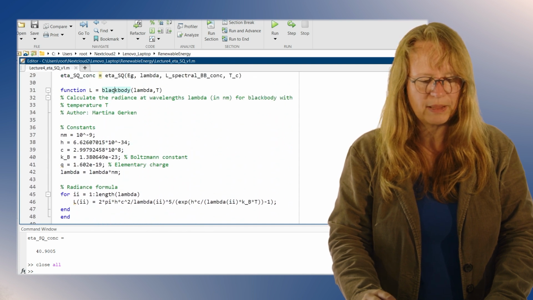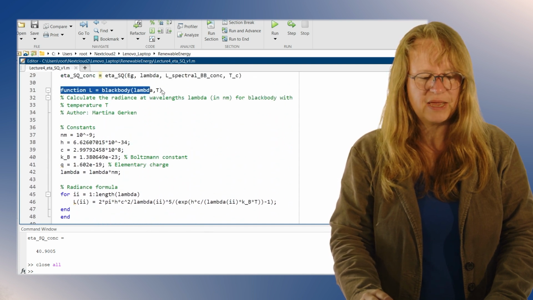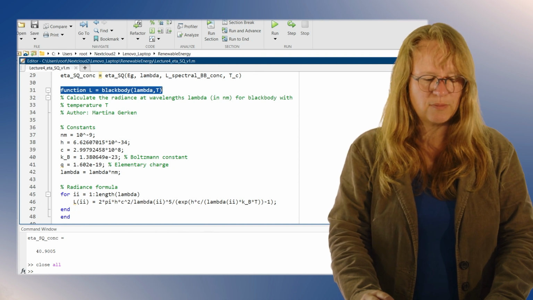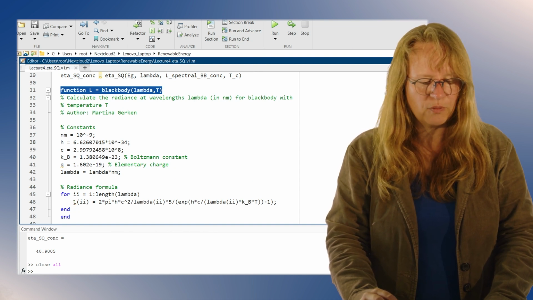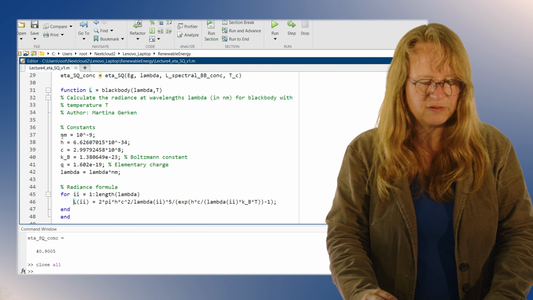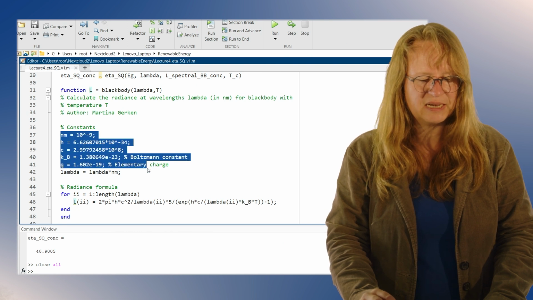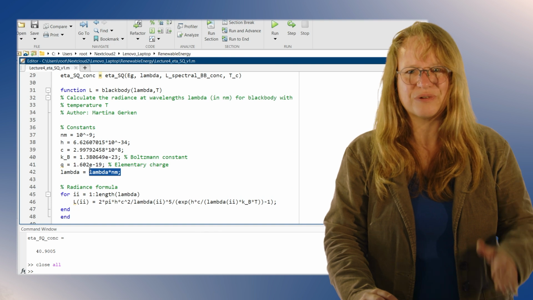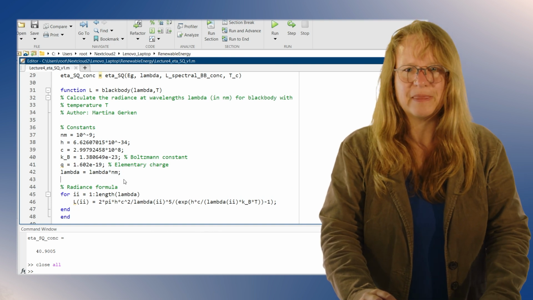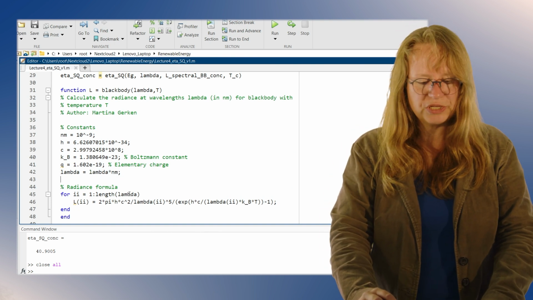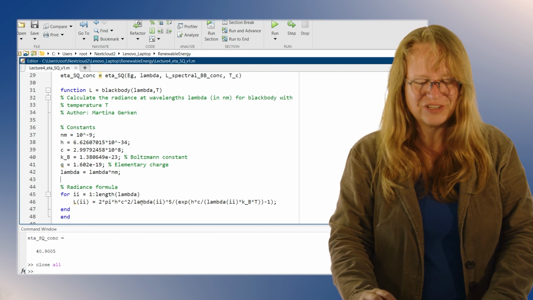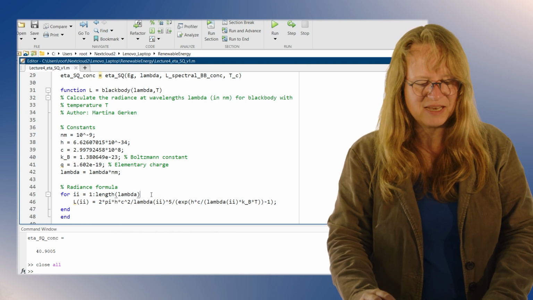Let me just go to the black body function. So here I defined the function black body for different wavelengths at a given temperature T. And all that it does, I define first of all the variables that are necessary, calculate the wavelength with nanometer, in order to convert it to the SI units, so that if I go lambda to the 5 here, I have the correct units at the end.